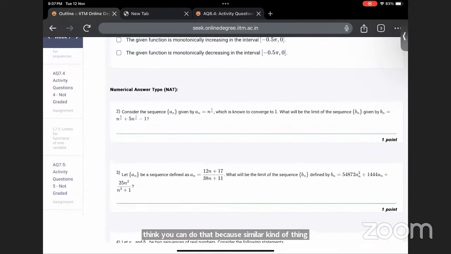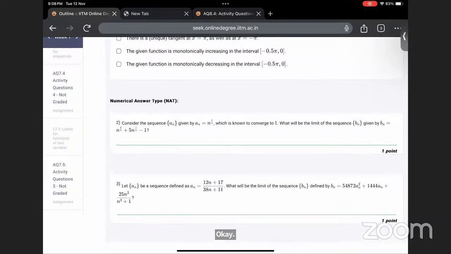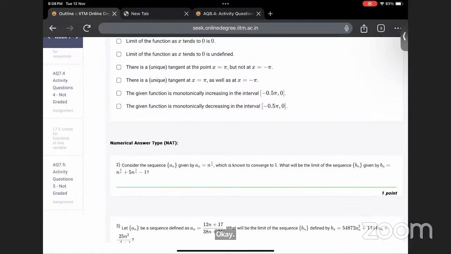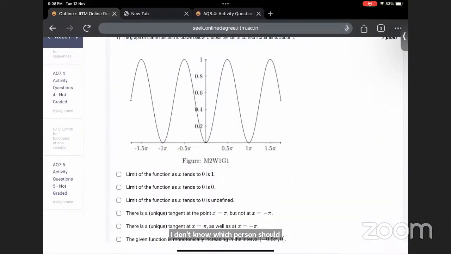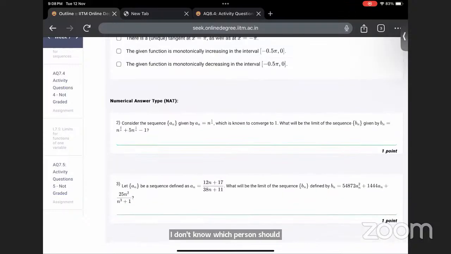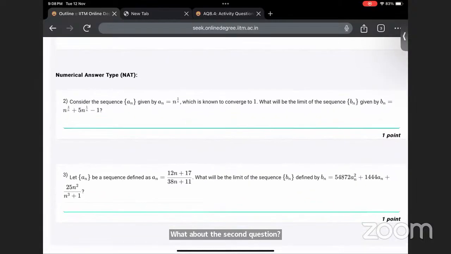Which question should we do? What about the second question? Did you solve the second one?